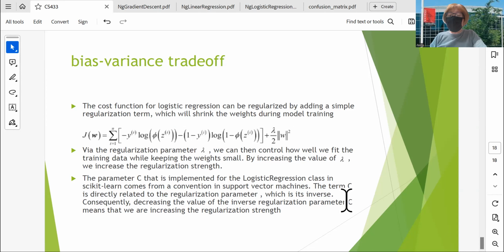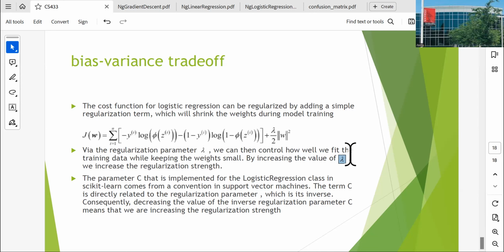And in sklearn, be careful here, this regularization term. We will see, in logistic regression you can introduce this C parameter.